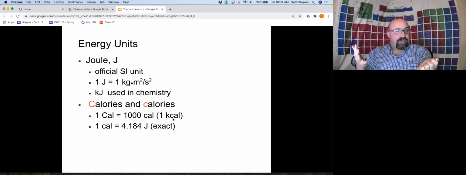Always keep in mind that when we're talking food calories, it's a capital C, and that's different from the calories we might see as a unit in some of the various things that we encounter. So, joules or calories.